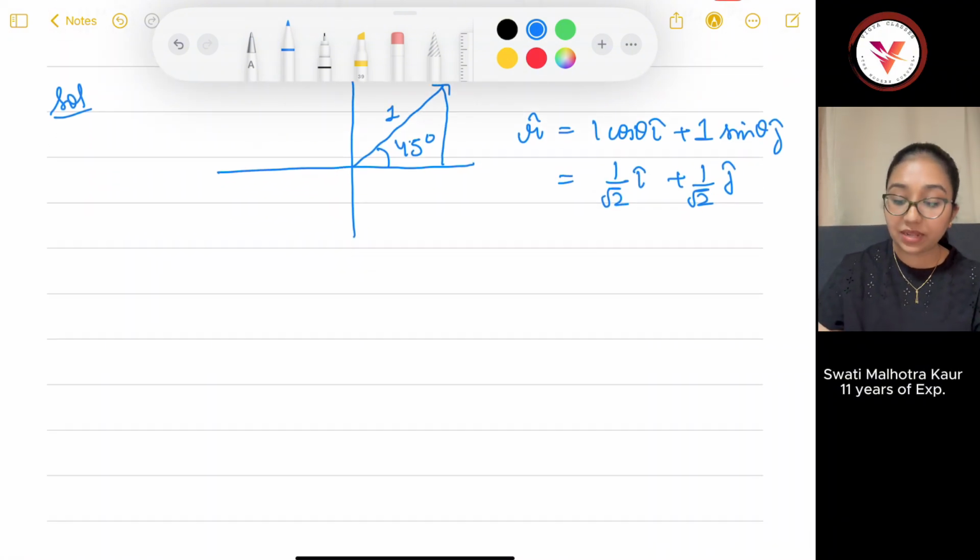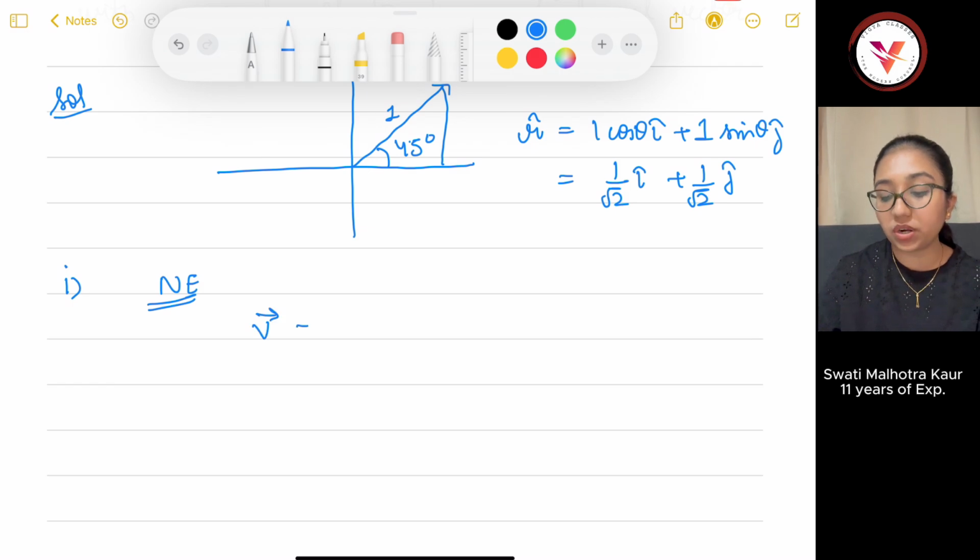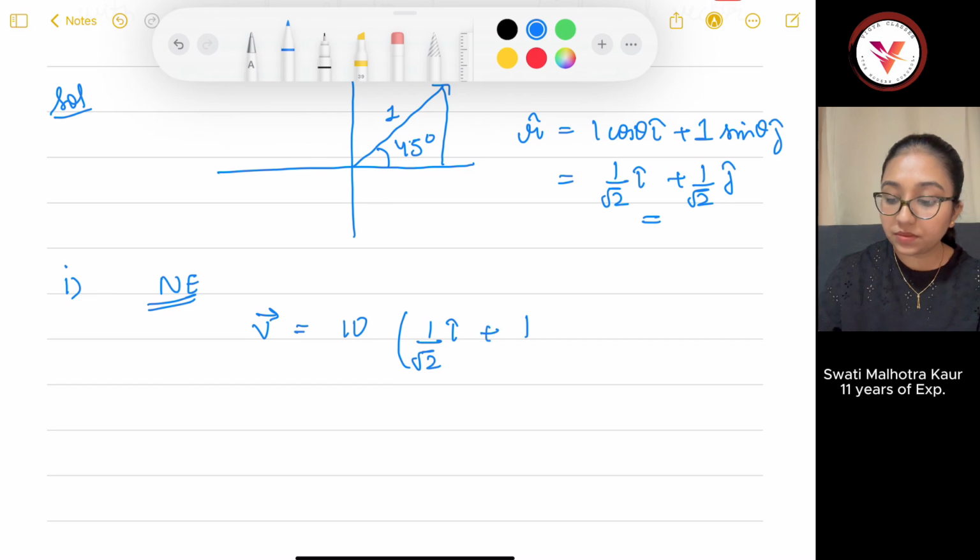So if it is moving in the northeast direction, then its velocity vector becomes 10 times this direction, which is 1 by root 2 i cap plus 1 by root 2 j cap.